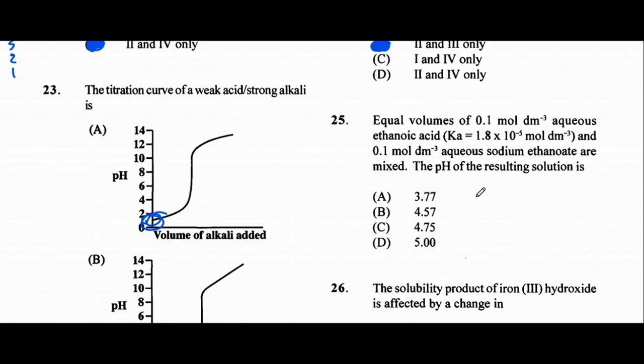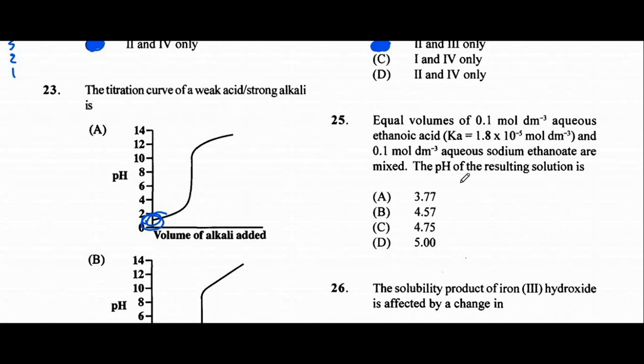Let's say pH equals pKa plus log to the base 10 of acid over salt, I believe. So here, pKa is equal to the minus log to the base 10 of Ka.